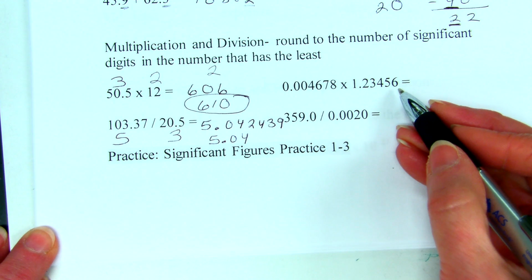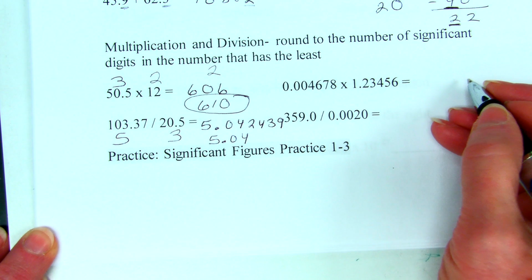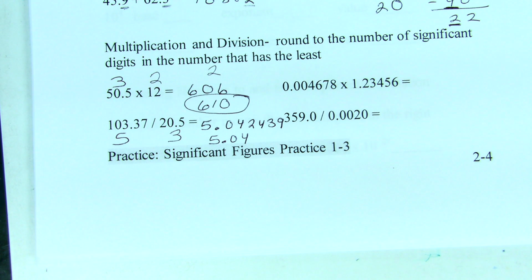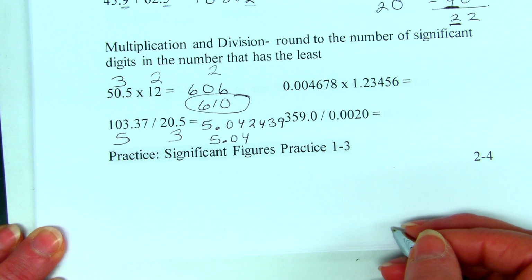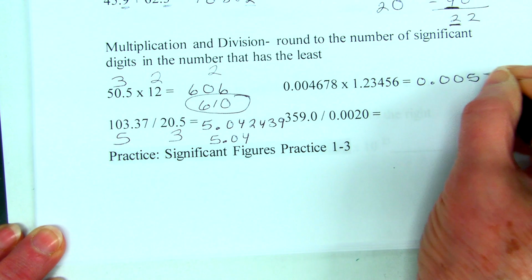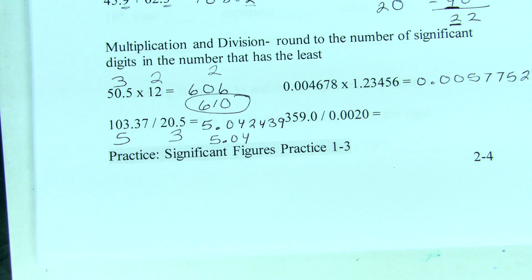Up here, 0.004678 times 1.23456. I have no idea what that's equal to. Grab your calculators and figure it out. Tell me all the digits you get. So now, that's what the calculator says, and we don't report what the calculator says.